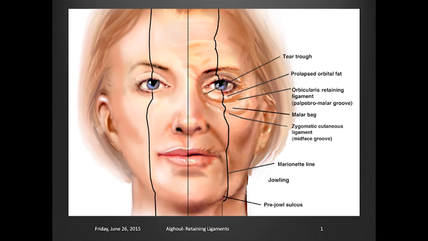As an example, we all know the tear trough deformity and how it correlates with the orbicularis retaining ligament, the mid-face groove correlating with the zygomatic cutaneous ligament, and so on and so forth.